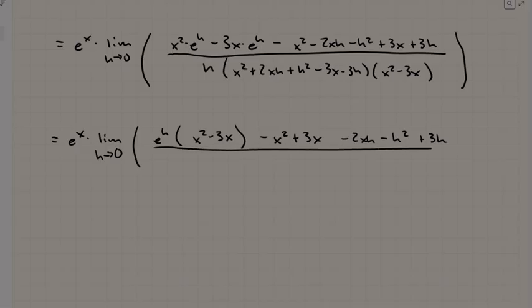All of that now would be under this big denominator. h times (x squared plus 2xh plus h squared minus 3x minus 3h) times (x squared minus 3x). Okay. Now, this one, we're just going to call negative x squared plus 3x equal to negative 1 times (x squared minus 3x).